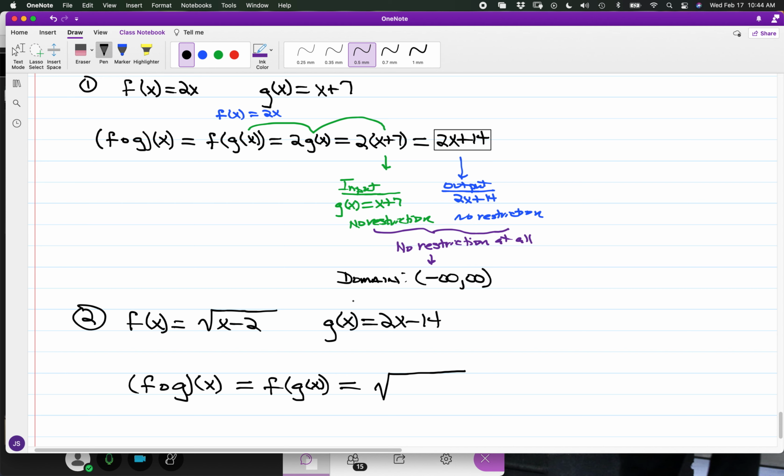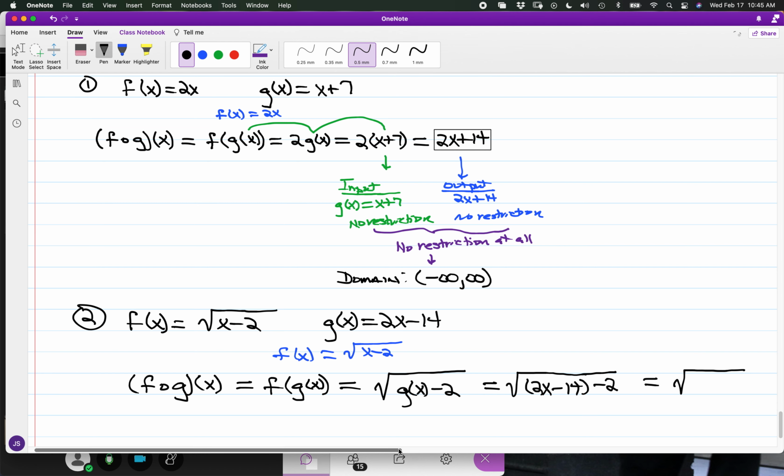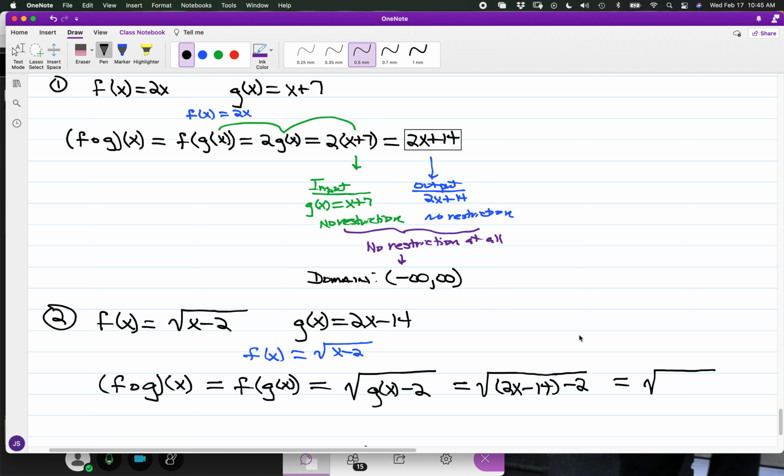And again, you have f of x equal to the square root of x minus 2. So again, f of the input is equal to the square root of the input minus 2. And replacing g of x with 2x minus 14, it's going to follow that for the overall composition where we have f composed with g of x, you have 2x minus 14 followed by the subtraction of 2.